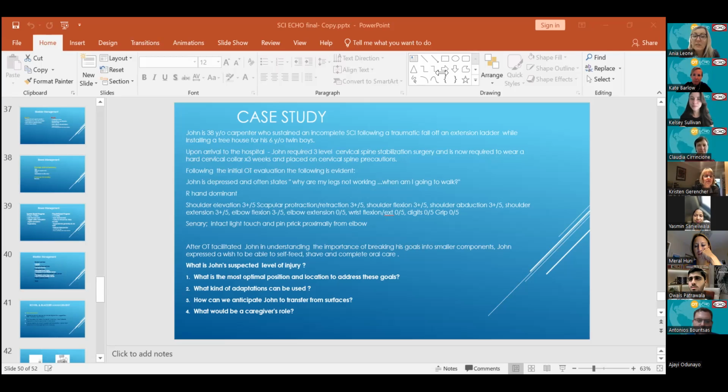And moving on to the question of what is the most optimal position and location to address these goals? Does Tolo's group have anything? I'm sorry? Oh, I was just asking the next group, the facilitator, if they had anything for that specific question. If not, Claudia, did your group? Yes, we did.